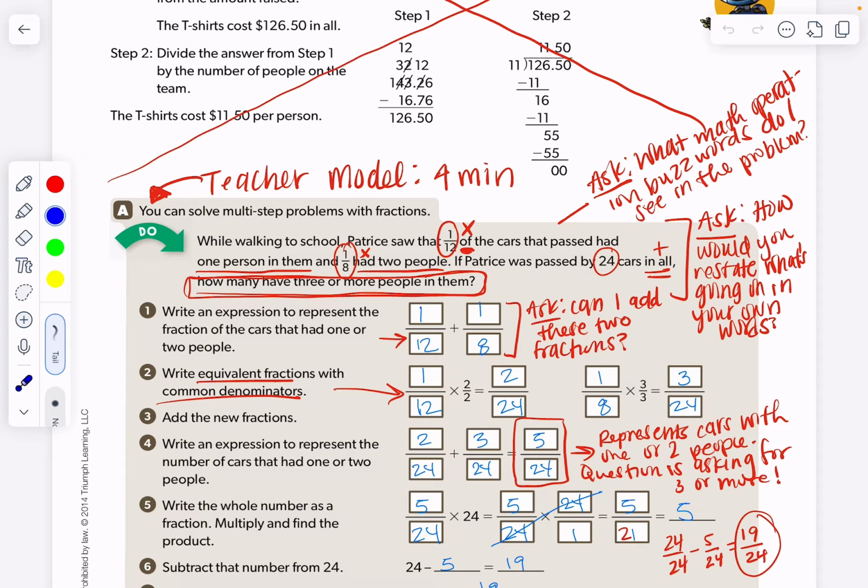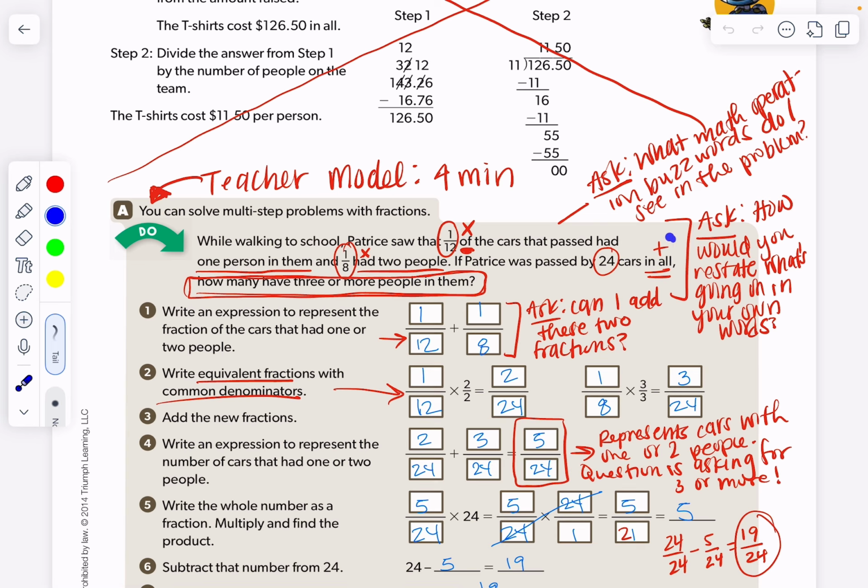Then another question that you might want to ask students is, what math operation buzzwords do I see in this problem? This question is going to be very, very important because students need to be able to identify which operations they're going to need to do for this particular question, right? In math, we know "of" indicates that there's some multiplication going on.